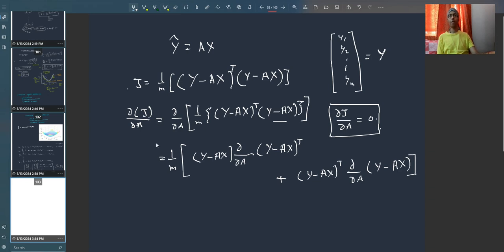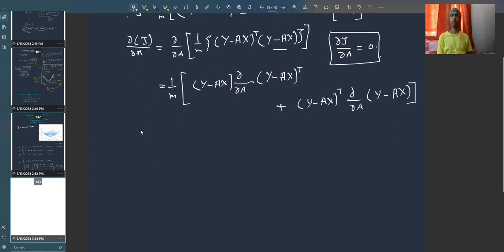Now we have to simplify this equation. This becomes 1 by m, y minus ax into minus of x, because this one cancels to 0 and this one becomes 1.